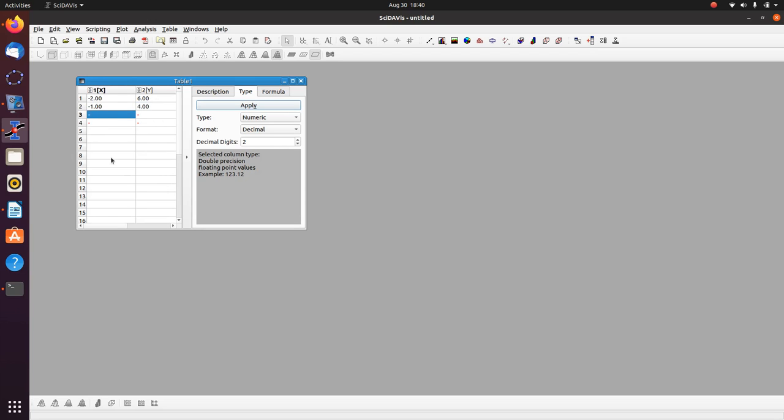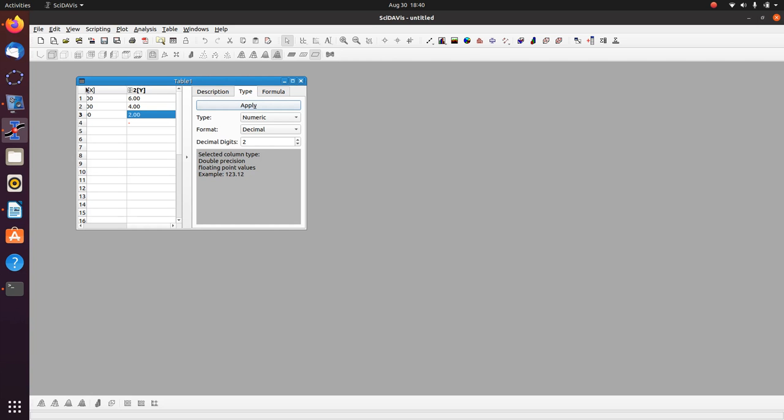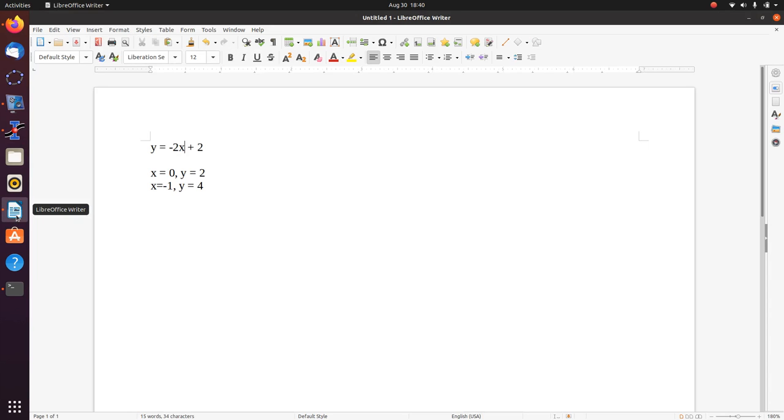And then let's look at 0. Well, we already did that one. When x is 0, this is +2, right? That makes sense. So let's look at +1 now. Well, when x is +1, 1 times -2 is -2. -2 plus 2 is 0.